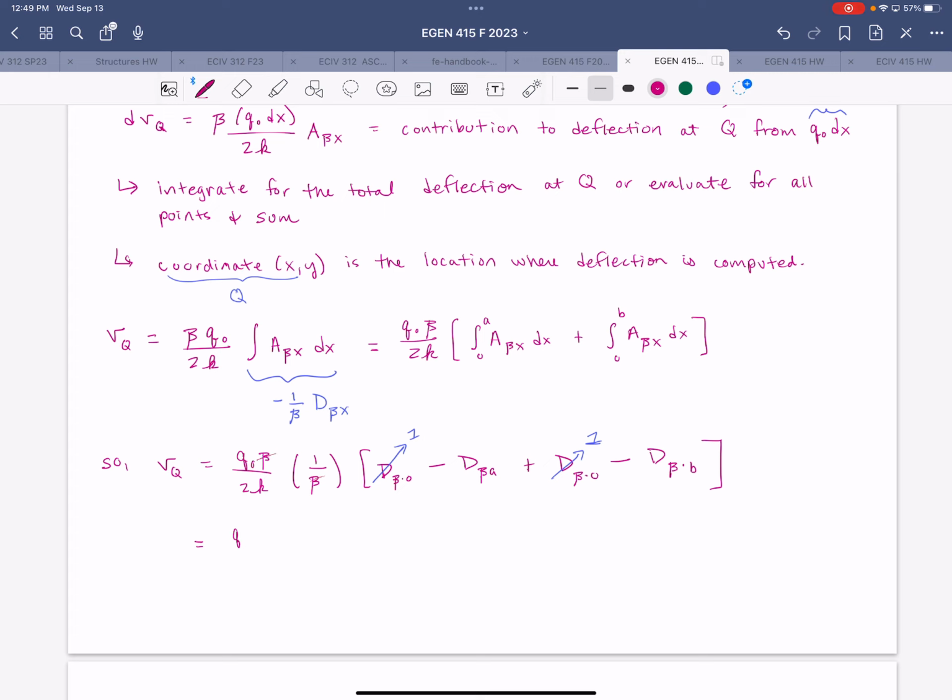So we just have q naught over 2k times, in brackets, 2 minus D evaluated at beta a minus D evaluated at beta b.